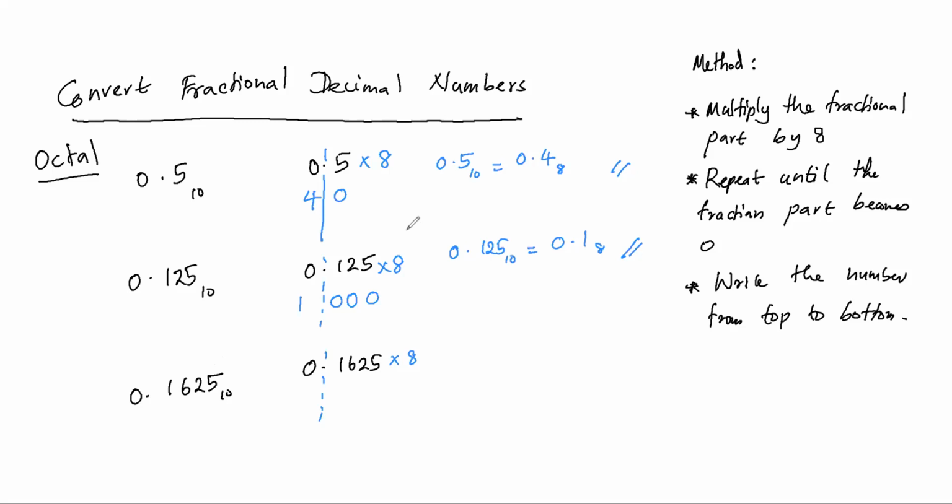So we'll multiply by 8. Let's multiply by 8. So this becomes 0.